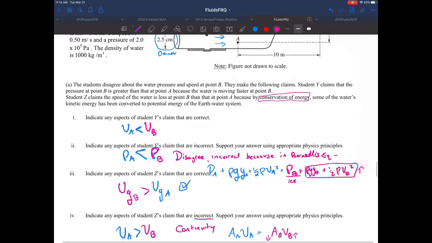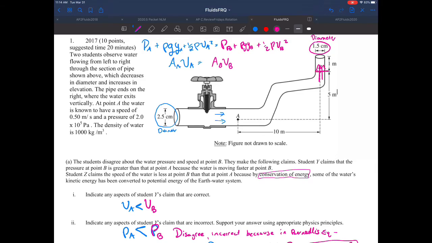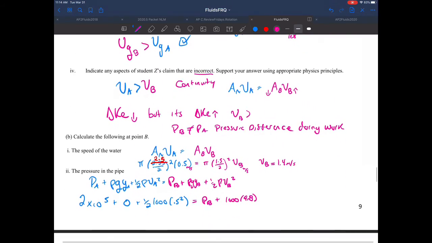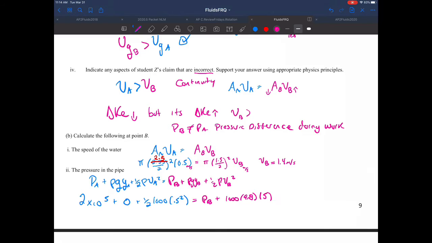Let's see how high it is. Looks like point B is 5 meters above A. So rho g y2 plus 1/2, and we get that PB is 1.5 times 10 to the 5th Pascal.